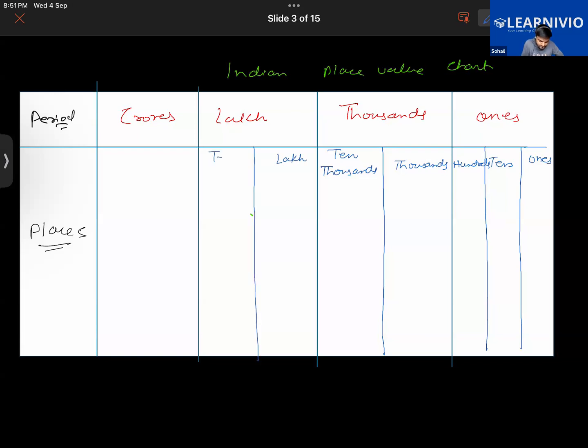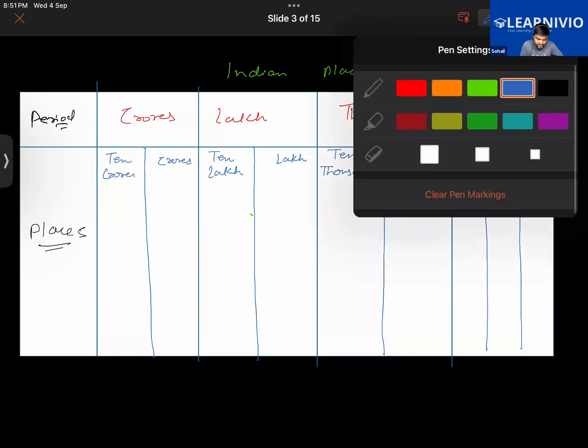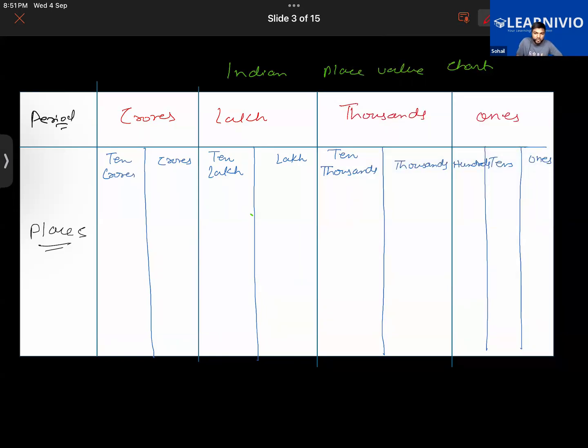After 10 lakh, the crore period is also divided into two parts, subdivided into some more groups. Let me draw one more line.